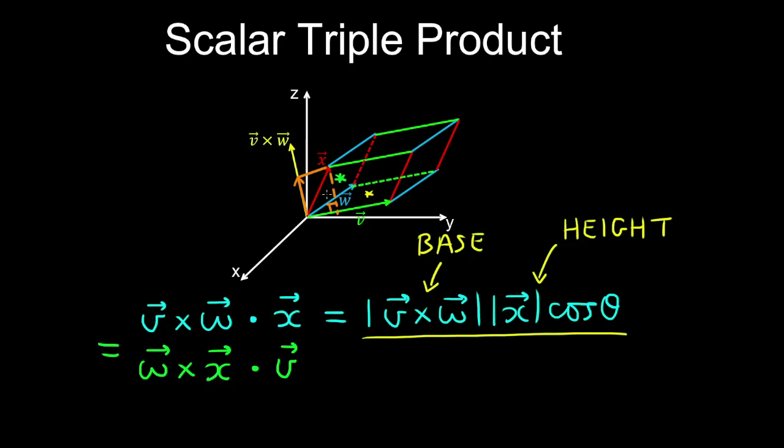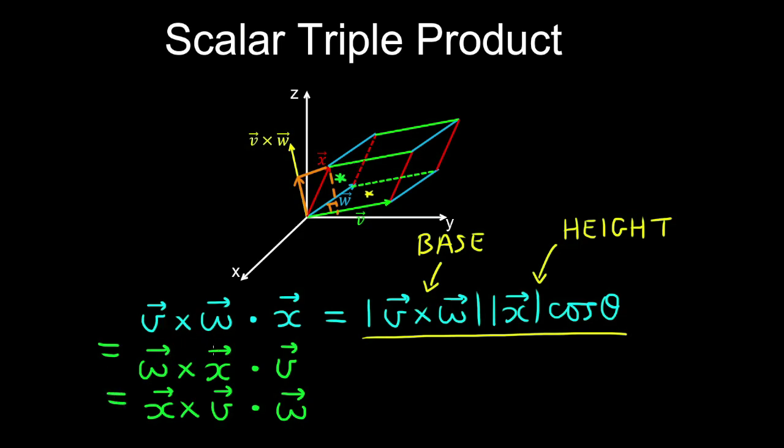And similarly, if we take the plane formed by x and v, we can take the cross product between x and v and take the dot product between the resultant vector and the vector w, and that'll also give the same volume.